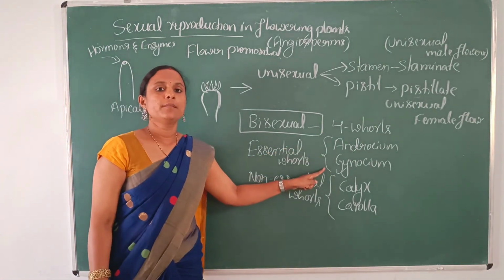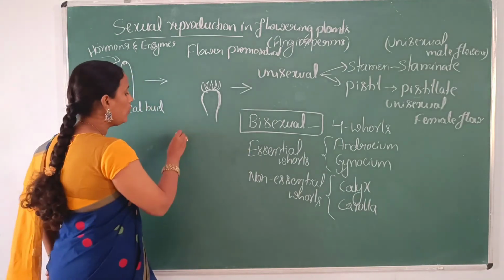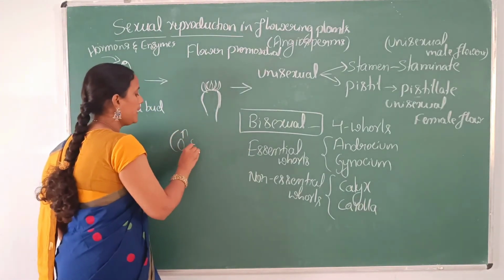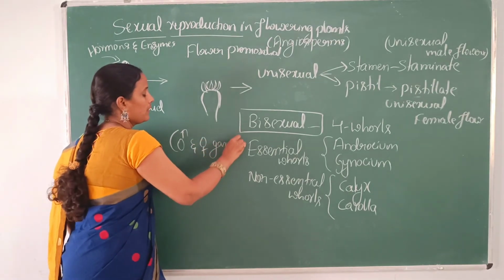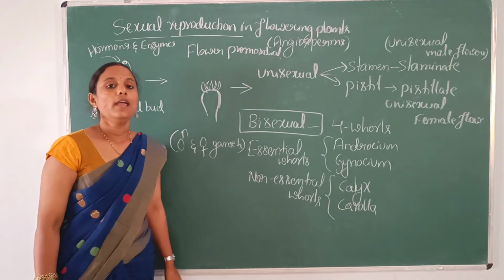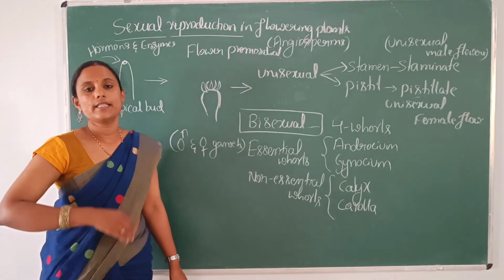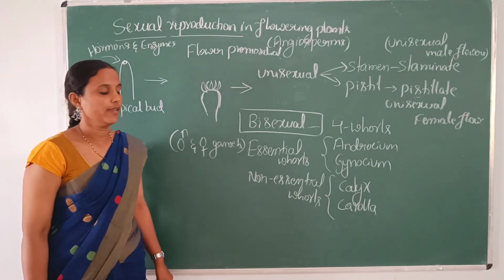Androecium and gynoecium are called essential whorls because they are involved in production of male and female gametes. Male and female gametes are being produced, hence they are called essential whorls. That is, they take part directly in the process of sexual reproduction.